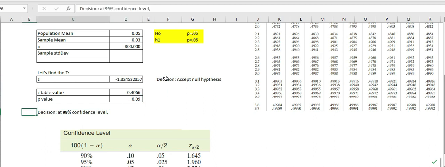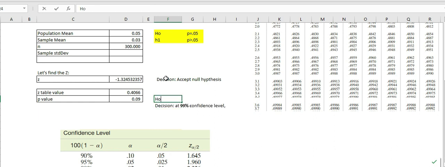However, using the p-value, the decision at 99% confidence level is to reject the null hypothesis, because this is more than 1%.